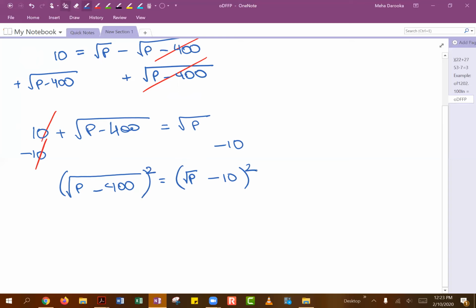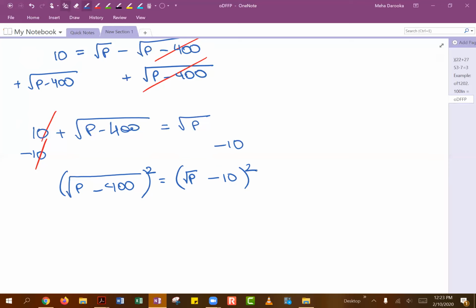And here's what I'm talking about. If you left the 10 on the left-hand side, then you would be doing a square on that entire thing, with the 10 plus. And then remember, you've got to FOIL this, which means you would have to take this into consideration as you're doing the FOIL. But if I move that 10 to the other side, then I'm just looking at square root of P instead of that whole binomial part. So you're working with something slightly smaller.